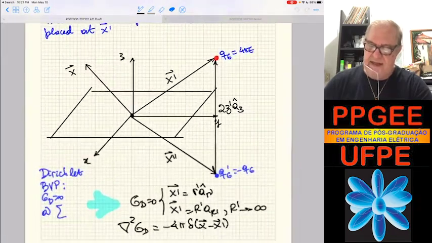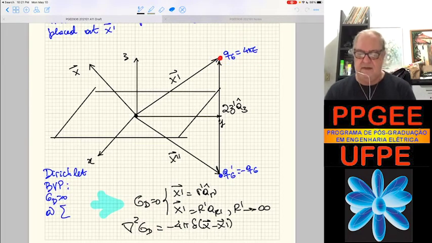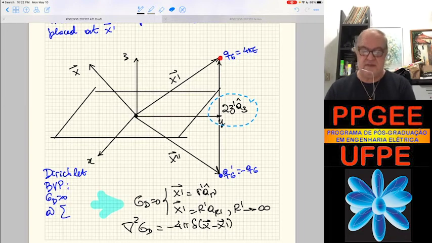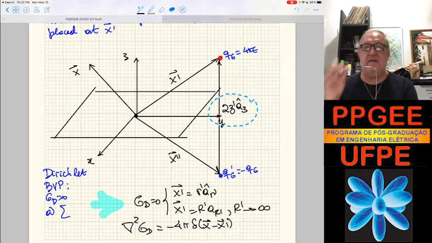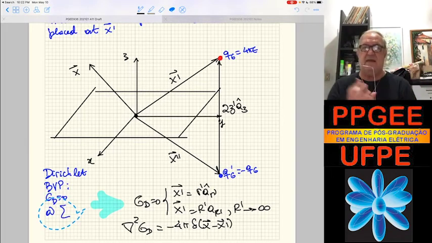If we imagine a point charge of value 4 pi epsilon on the surface, we're going to have an image of minus 4 pi epsilon located at x prime minus 2z prime az, as we just did. So the Green's function for the Dirichlet boundary value problem is that which is 0 on the surface that limits the domain.